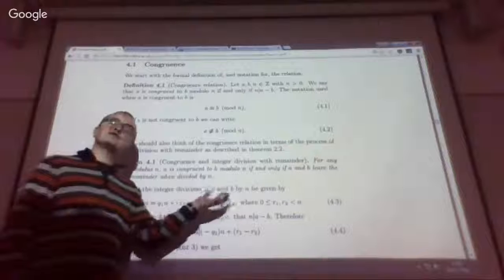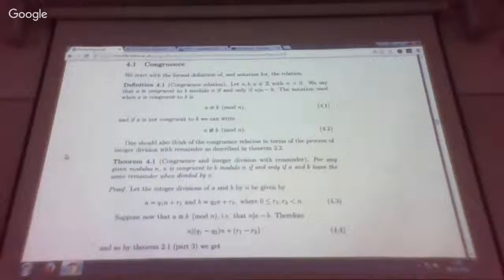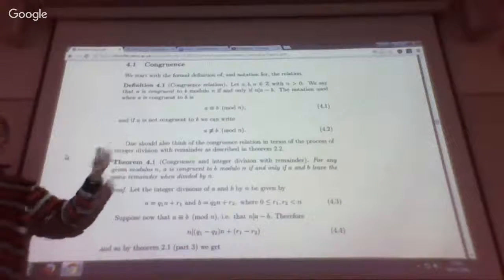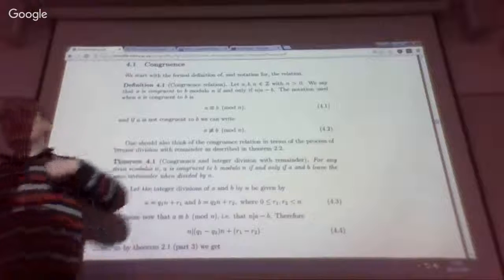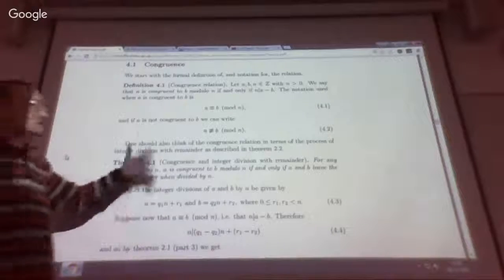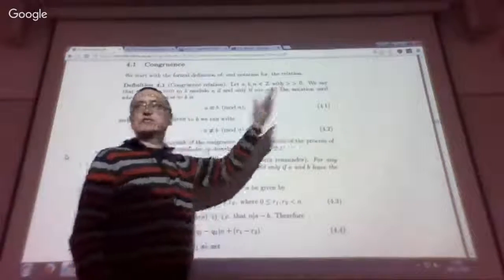So if the remainders that you get when you divide them by n are the same, that means a and b are congruent. Some authors would use that as the definition of congruence. They would say a is congruent to b mod n means you get the same remainder when you divide by n. And then they might prove a theorem that says that's equivalent to n dividing the difference a minus b.